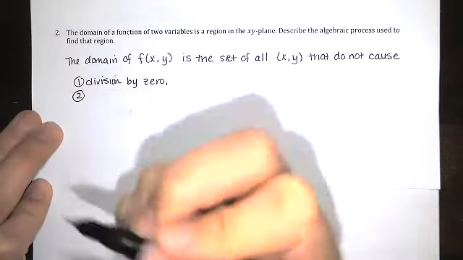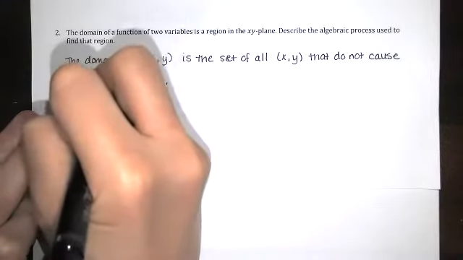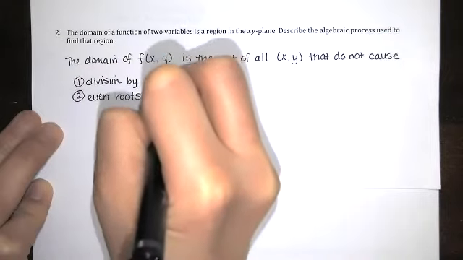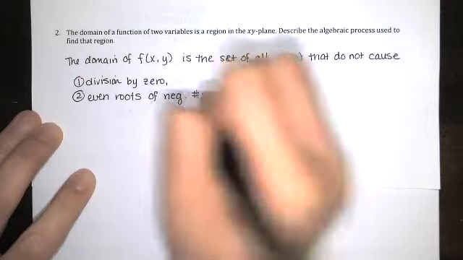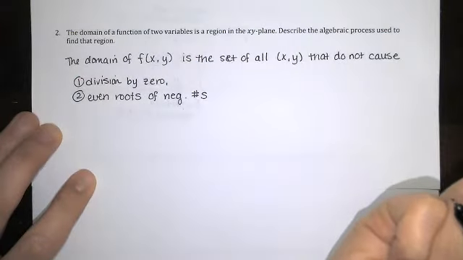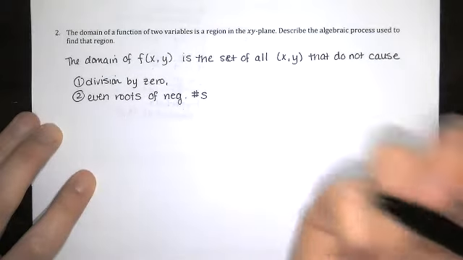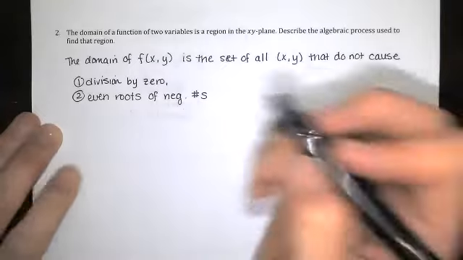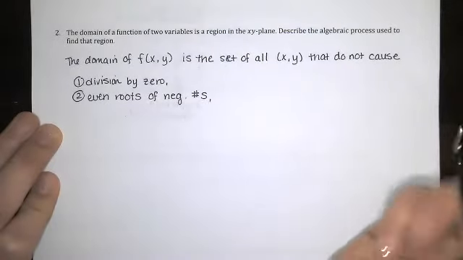We also cannot take even roots of negative numbers. And we can, but not in this class. These are functions of real variables that have real outputs. Even roots of negative numbers, like the square root of -4, that's a complex number. And those are very nice numbers, but we're not interested in them in this class.